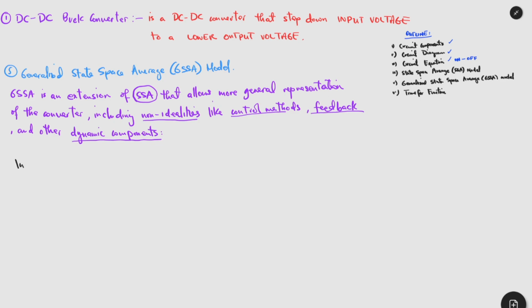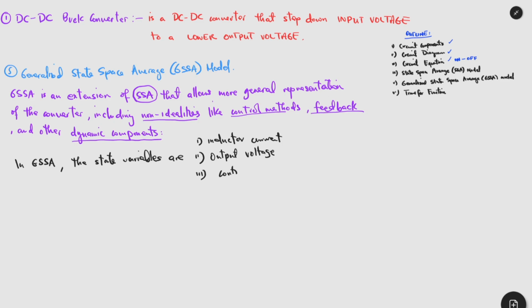In the generalized state space averaging model, the state variables are: one, the inductor current, same as the SSA; two, the output voltage, same as the SSA; and we now introduce a third state variable, which is the control input.